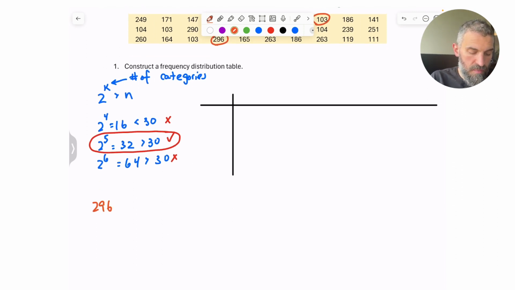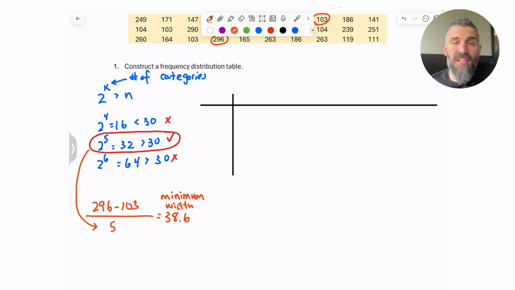So you'll take that, the 296 minus the 103, and you'll divide it by the 5 that we established here. 38.6. So this is your minimum width. It's not the width you're going to use. It basically tells you what you can't go below.